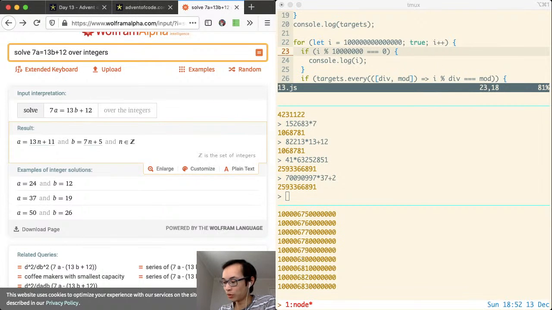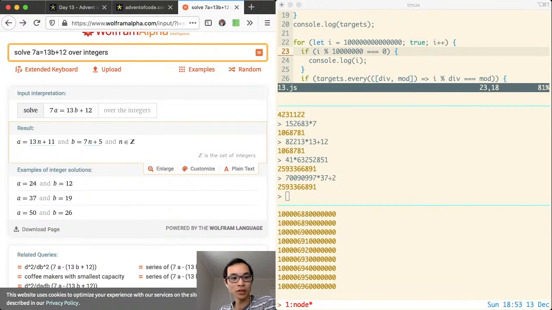7a equals 13b plus 12. Seven times, okay, if I substitute in these values, maybe I can work it out backwards.